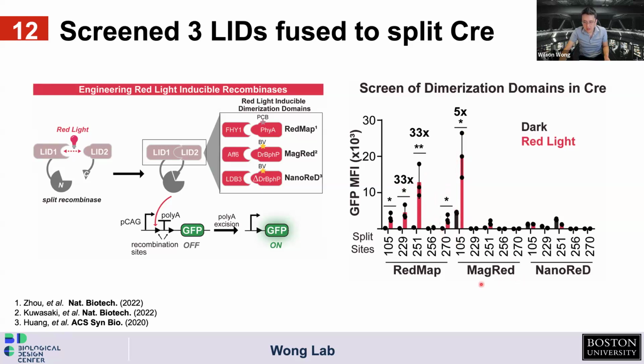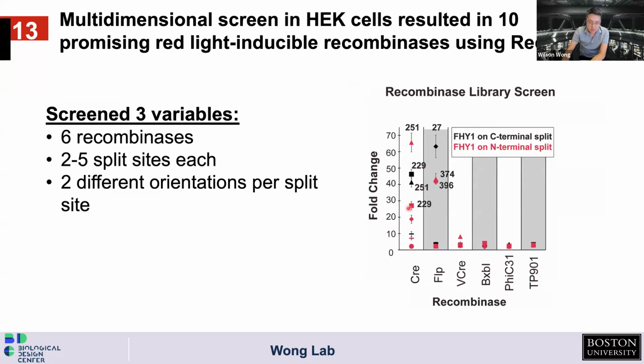What we learned is that even though you have these cut sites, you still have to figure out which system works best with which. We haven't figured out any rules yet, and there's always a trade-off. Sometimes there's higher basal activity. But having multiple sites makes screening a little easier. So ultimately, we decided to use RedMap. We also did this for Cre, and then we did the same thing for Flp.